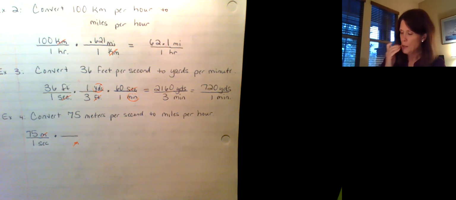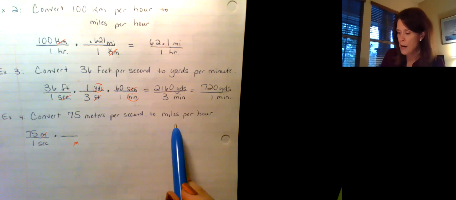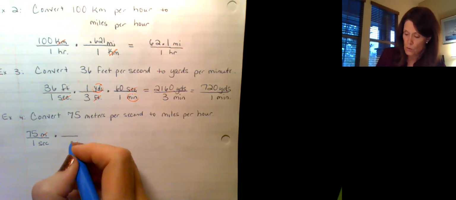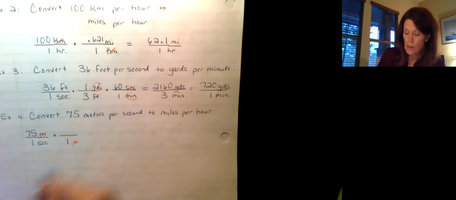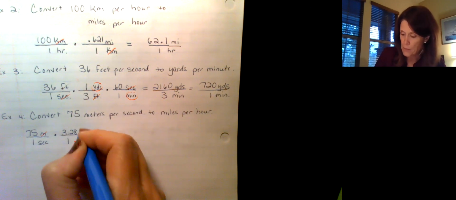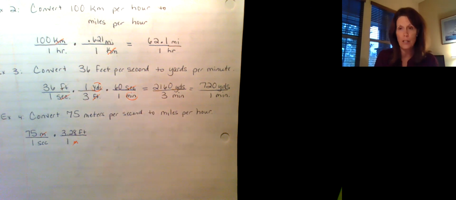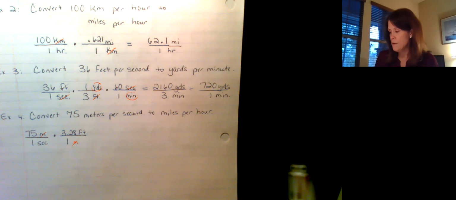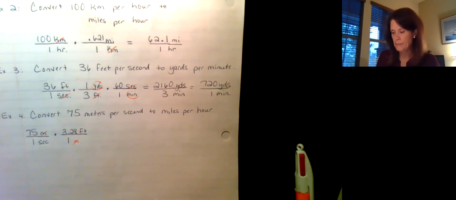And then I'd like to get to miles. Let's say I look at my conversion sheet though, my table, and what I have is that 1 meter is 3.28 feet. Maybe I don't have a conversion on my chart that gives me it in miles. That's okay, just one step at a time, right?